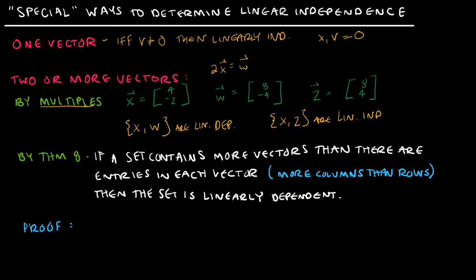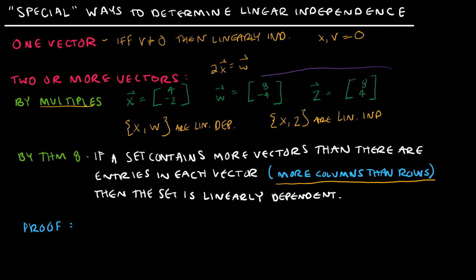The last way I can look at, again just by taking a look and not having to do work, is if a set contains more vectors than there are entries in each vector, then the set is linearly dependent. And what does that mean? That means there are more columns than rows. So before I look at a proof of that, let's just take a look at what I mean by that.